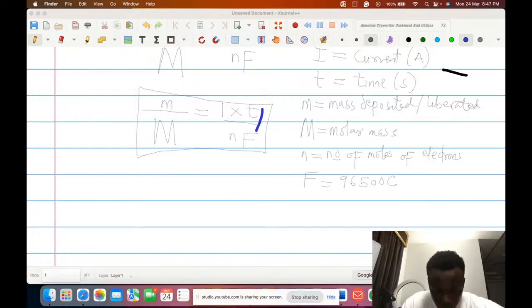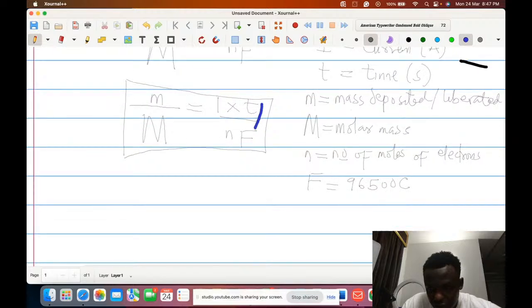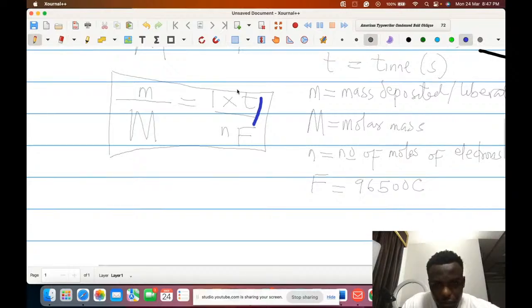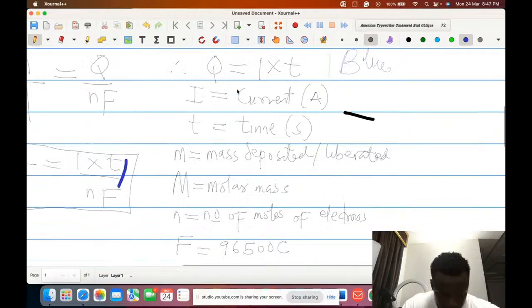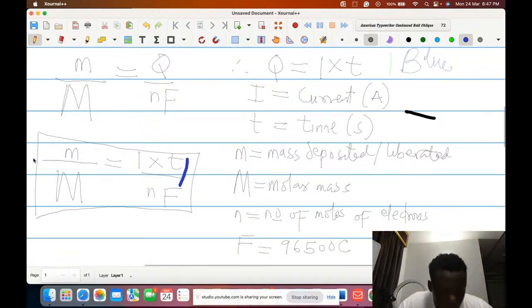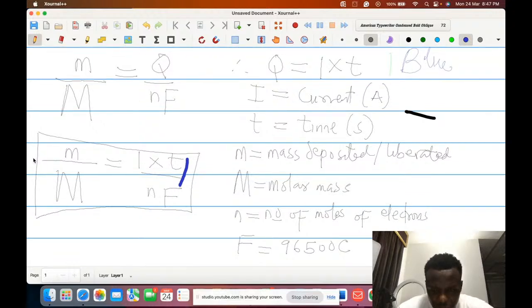All right, so let's look at this question. You can just zoom in on your screen. Let me zoom it in for us. Now you can see that from this formula, m is the mass deposited.